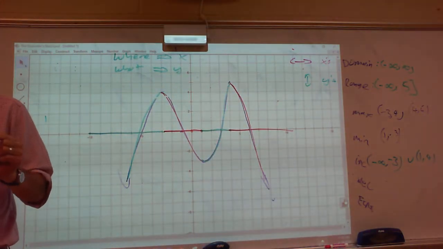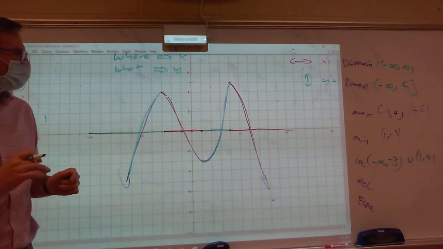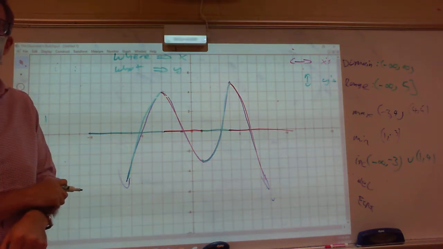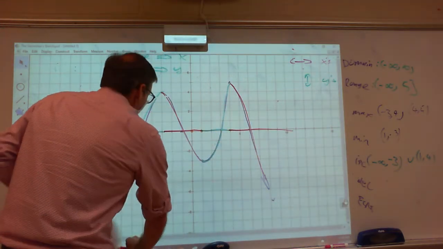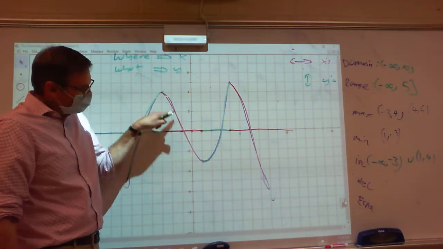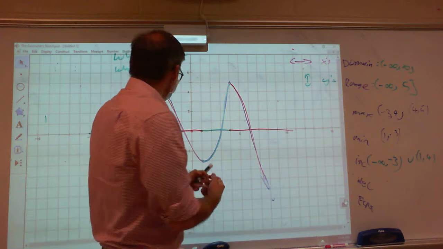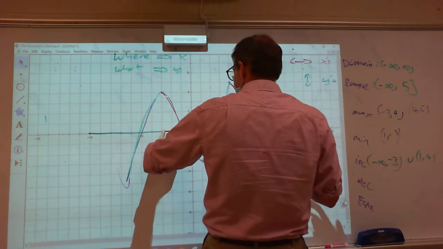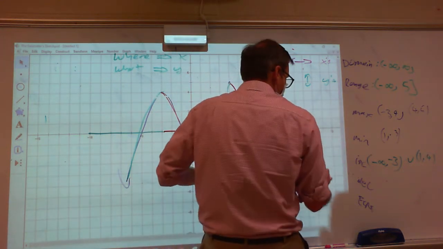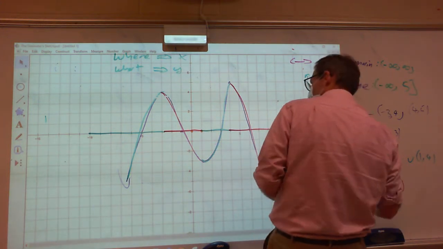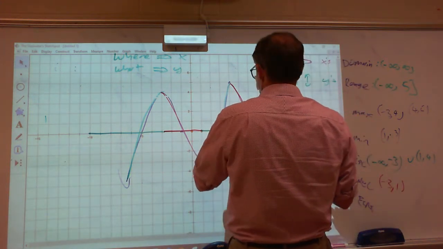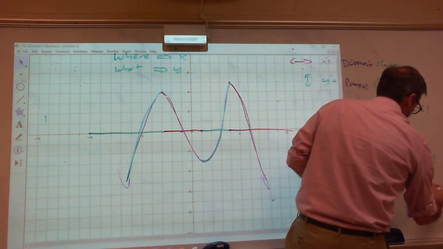You see how I got those x values? Wait, but don't you include them? You have to include them. I'm going to talk about that. And then as far as our intervals of decreasing, it's going to be from here to here. So it's going to be from, sorry, negative 3 to 1. And then from 4 to infinity.